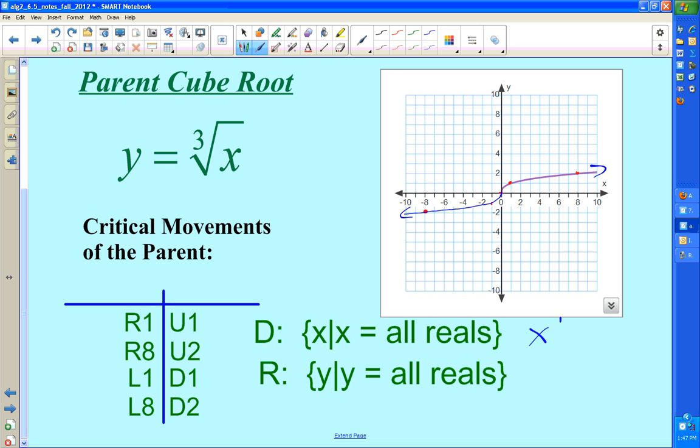You're going to say all values of x such that we go from negative infinity to positive infinity, and we shun them both. Really, we should probably put these in sets also. And all values of y such that we go from negative infinity to positive infinity. If you have an odd power or an odd index, this is a guarantee.